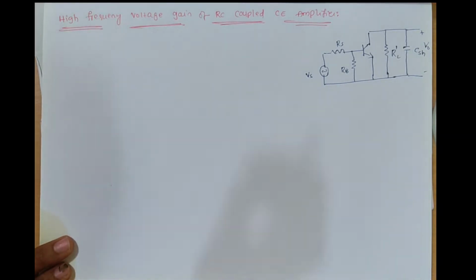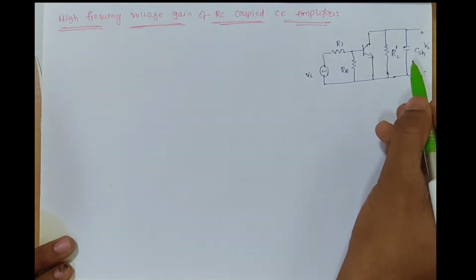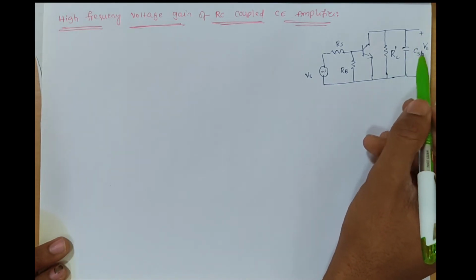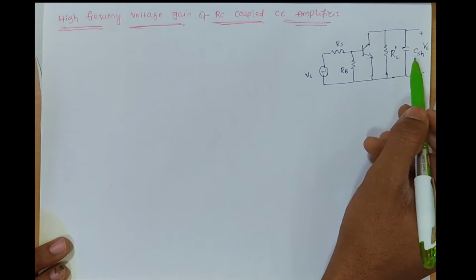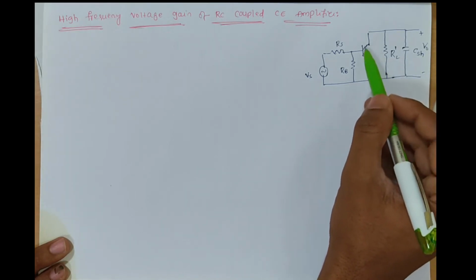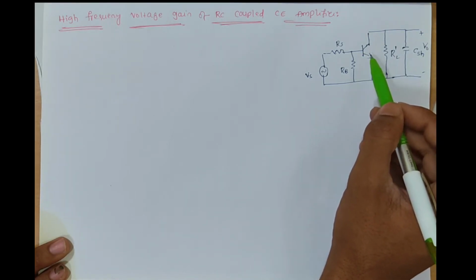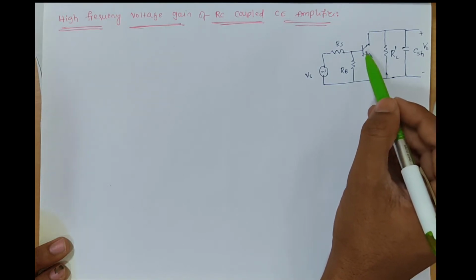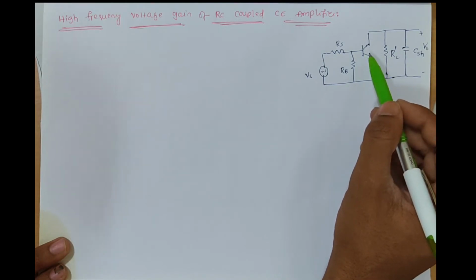While calculating the high frequency voltage gain, we must consider the smaller capacitances present in the amplifier circuit. Externally we are connecting the shunt capacitor as load, CSH, or load capacitor. The BJT itself offers internal capacitors, as we already analyzed with the help of the high frequency pi model in the previous class.